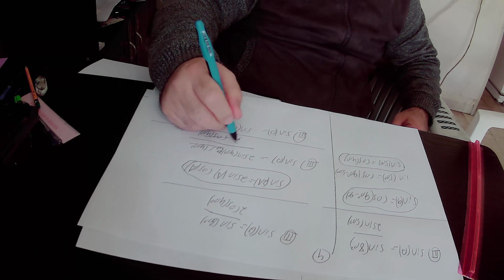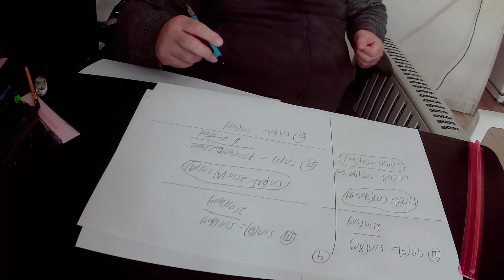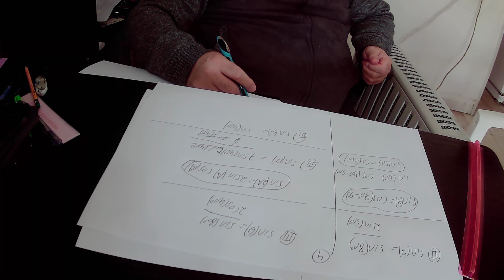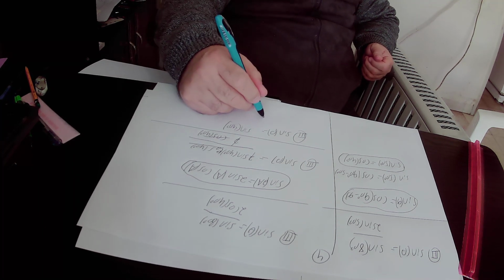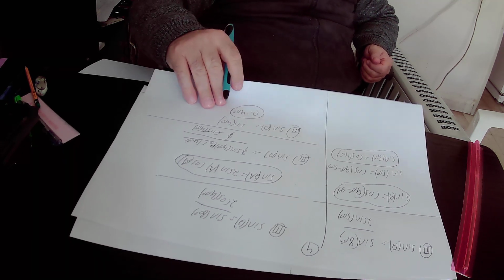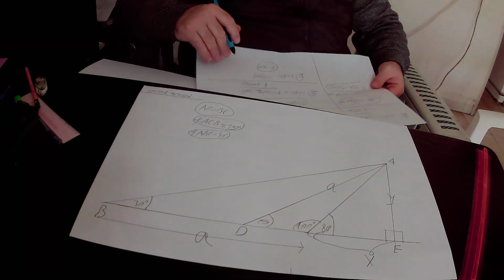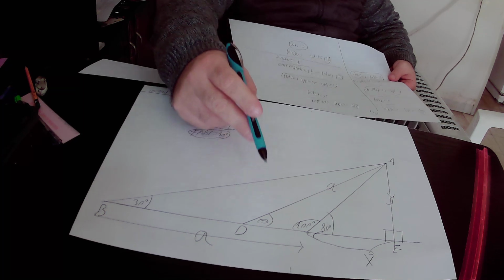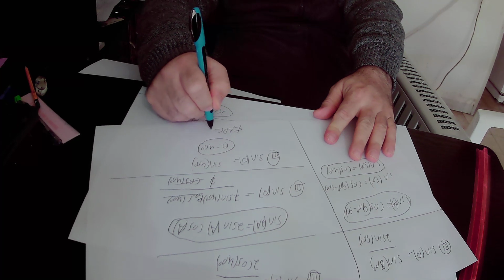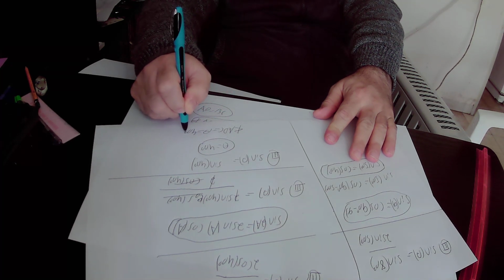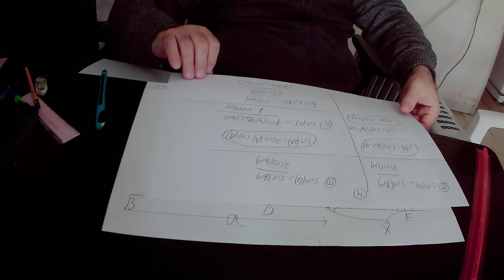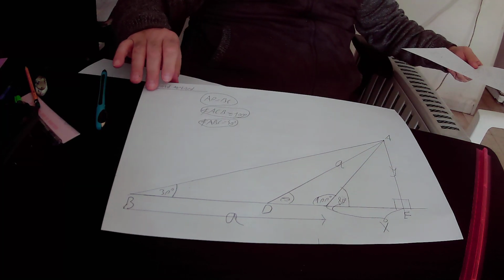So 2 over 2 is 1, and we are left only with the equation that sine theta equals sine 40 degrees, that is to say theta equals 40 degrees. We found that angle theta equals 40 degrees. Angle ADC, the angle that we are looking for, equals 40 degrees. So according to the second method, we also found that the value of angle ADC, which equals theta, is 40 degrees.